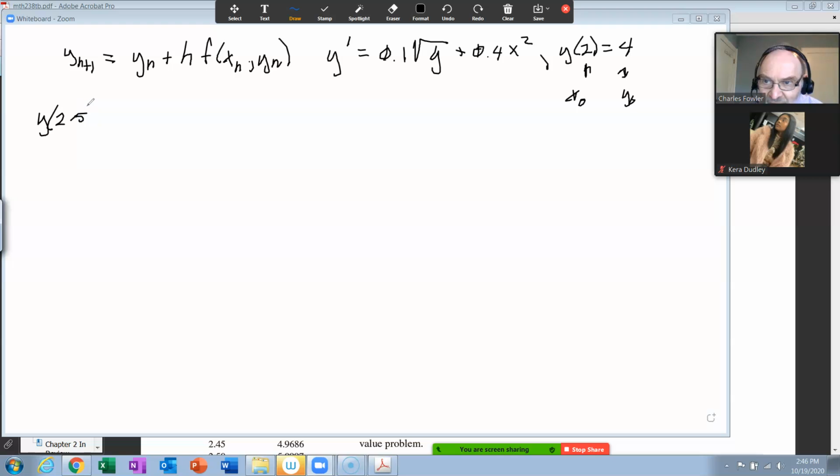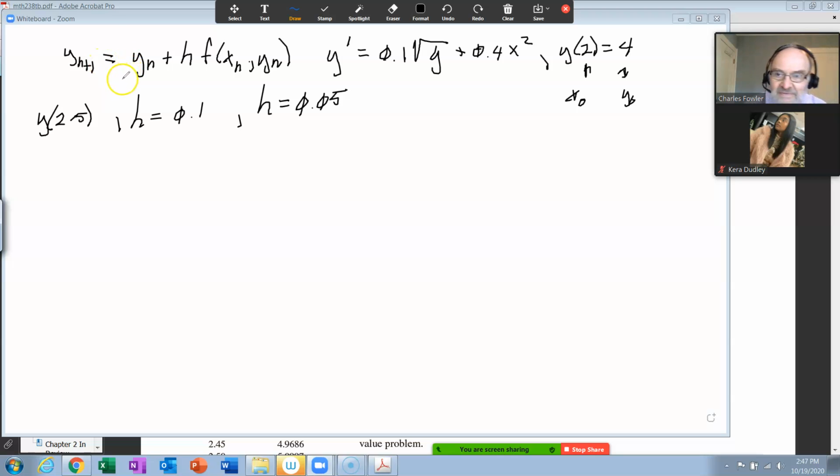First we're going to use h equal to 0.1, which is a fairly small step size, but not super small. Then we'll do it where h is half that size, 0.05. It'll take twice as many steps to get from x equal 2 to x equal 2.5, but we'll get there more precisely.